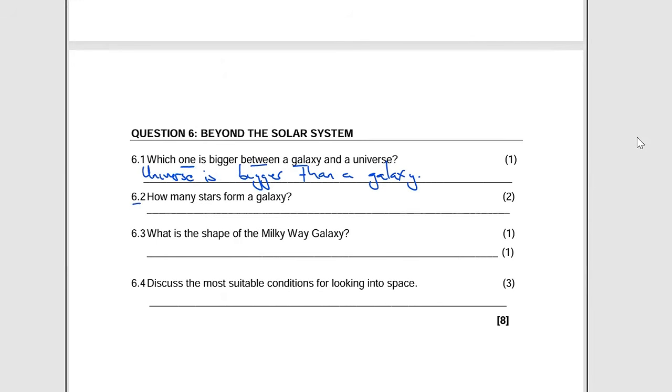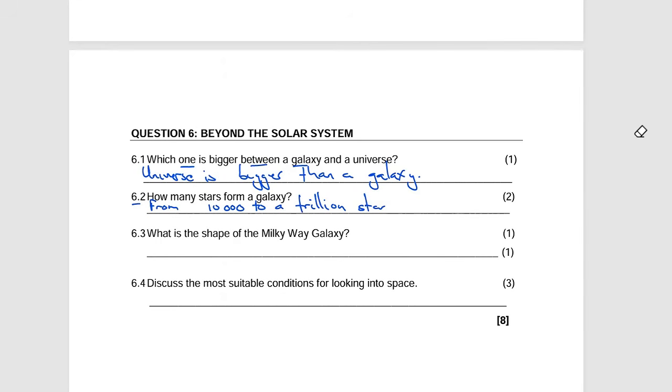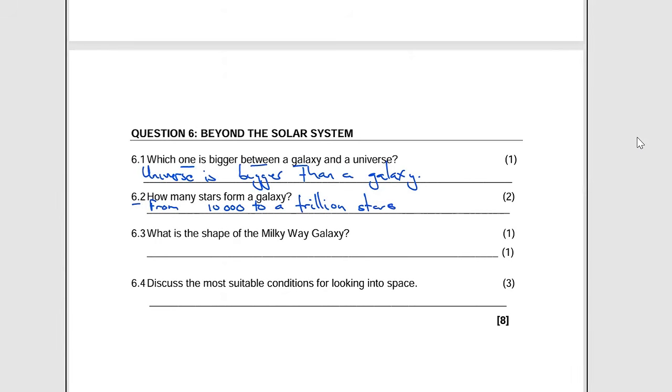Then 6.2 is there. How many stars form a galaxy, right? So from 10,000 to a trillion stars form a galaxy, like that.